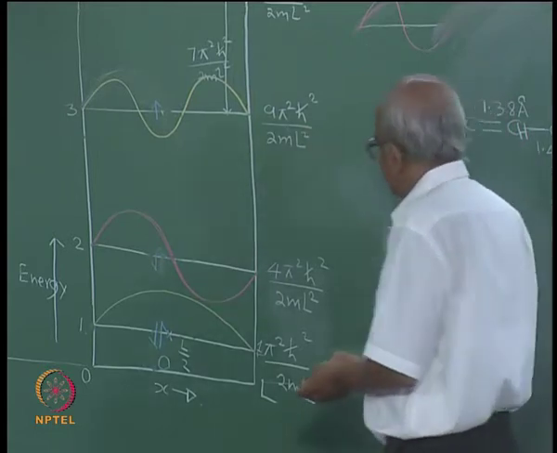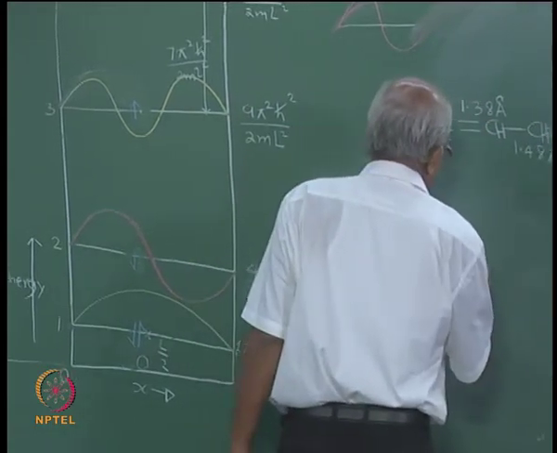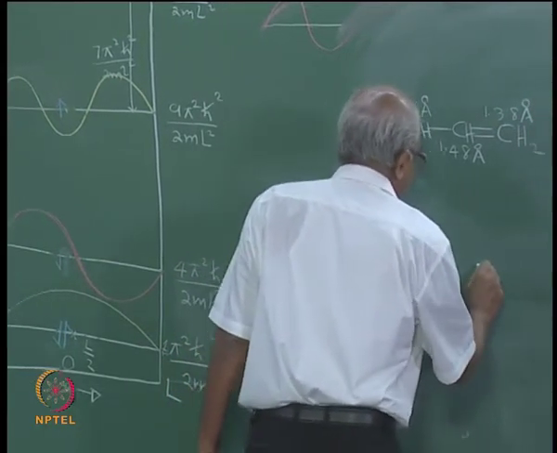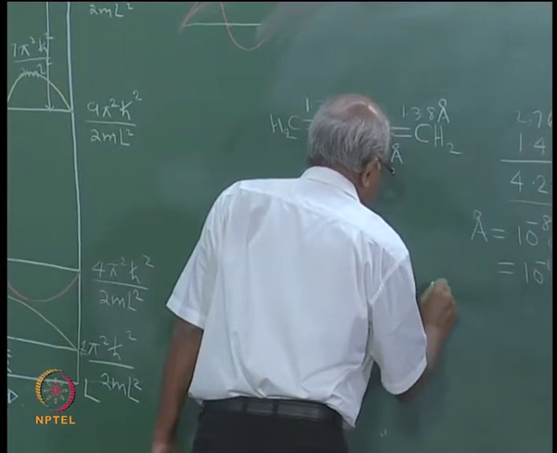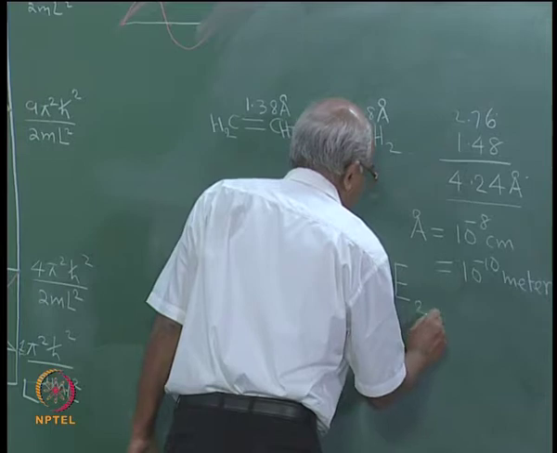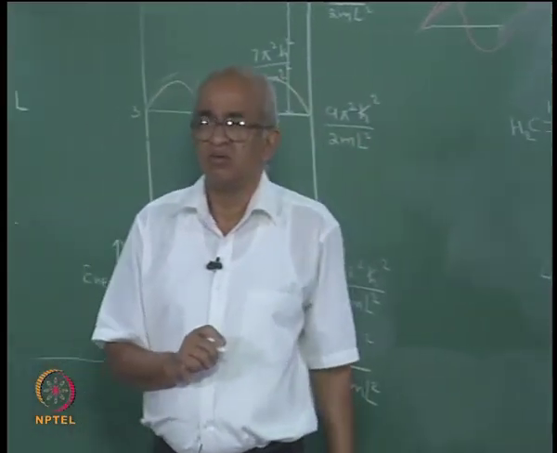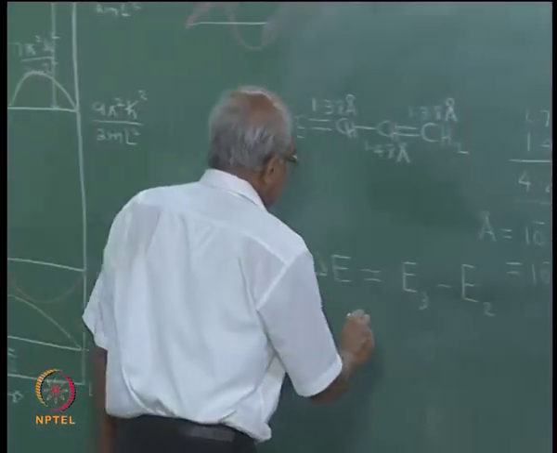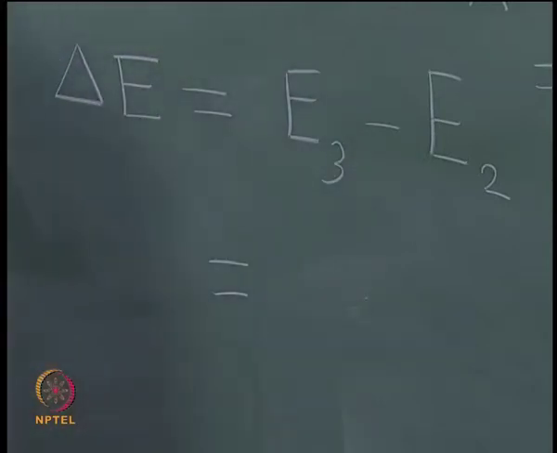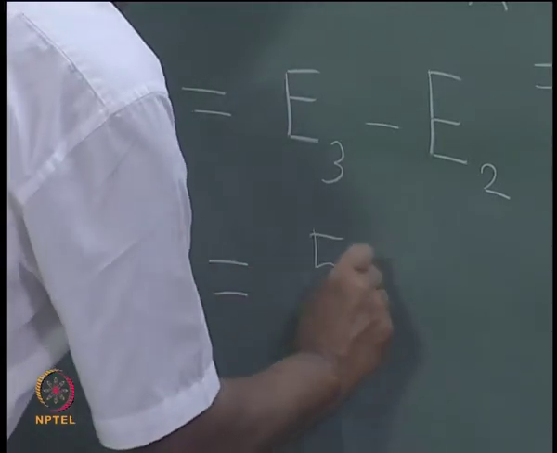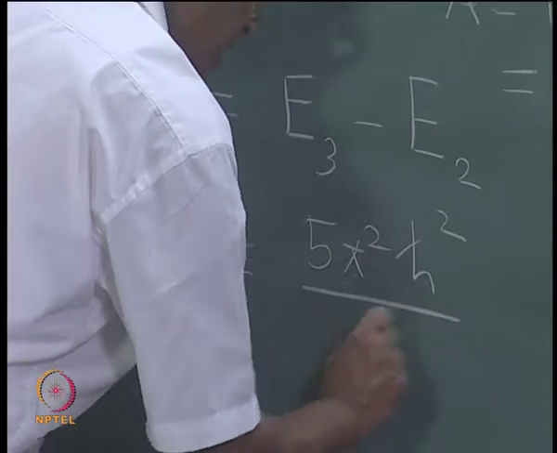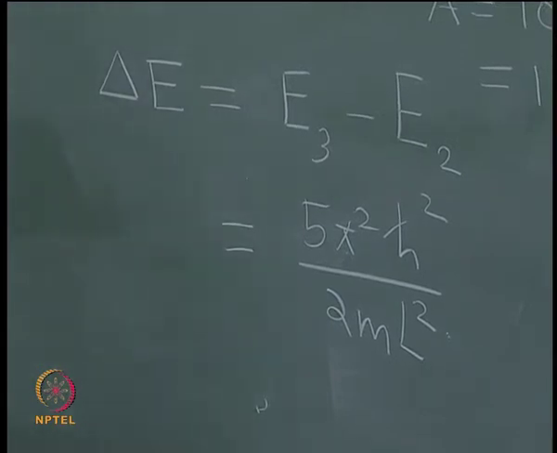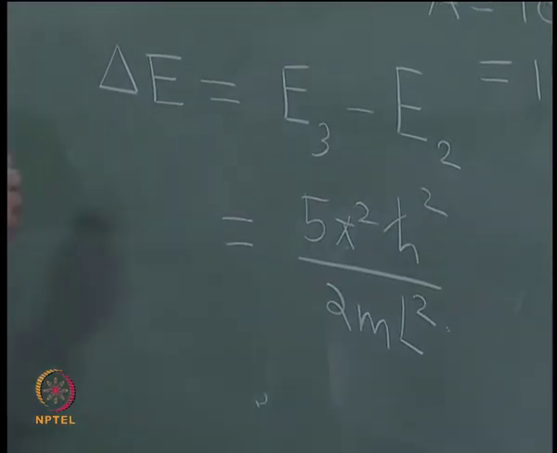So, therefore, the change in energy, which I will denote as delta E, in this case will be actually the energy of the state with n equal to 3 minus the energy of the state with n equal to 2. That is the change in energy, and that will be equal to 5 pi square h cross square divided by 2 m L square, and that should be equal to the change in energy.